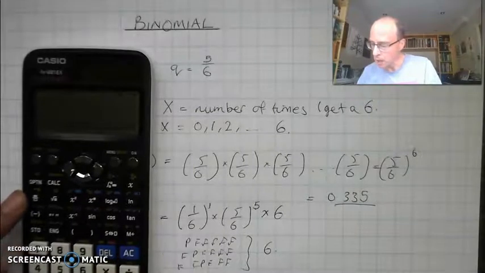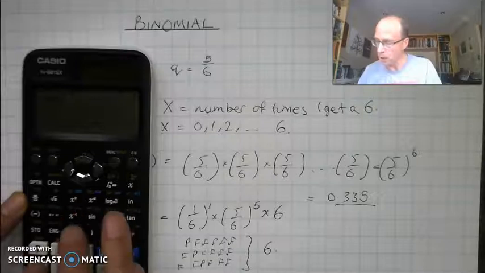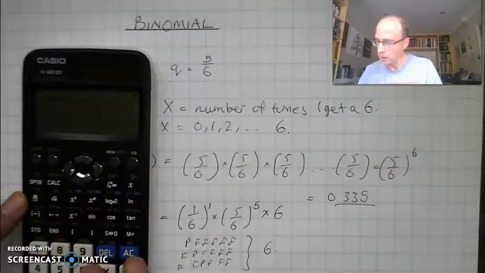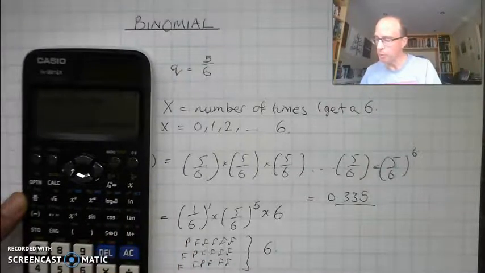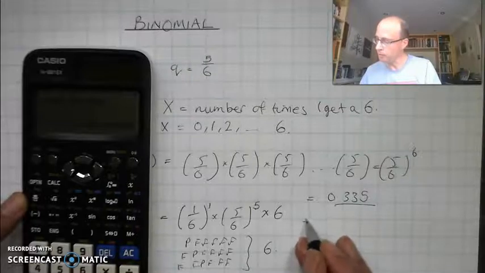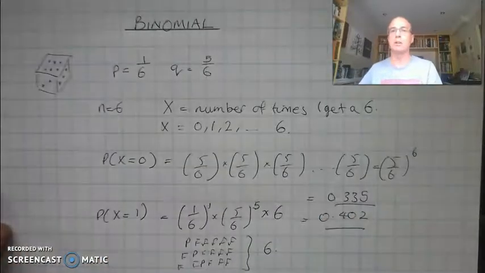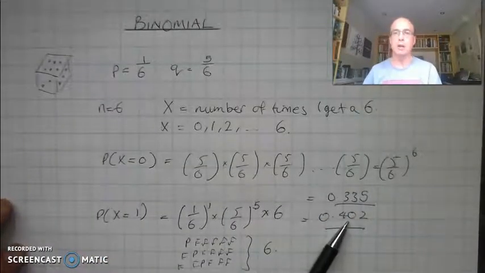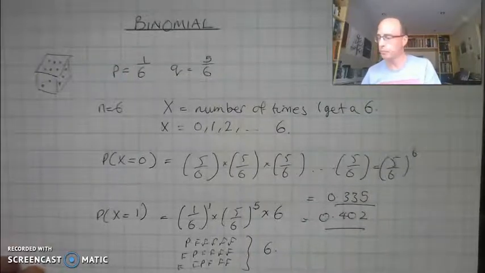So I've got 1 divided by 6, and I'm going to multiply it by 5/6 to the power of 5, and then multiply it by 6. And I get the value 0.402. So that's telling me if I roll 6 dice, 40% of the time I expect to get exactly one 6 out of the 6 rolls.